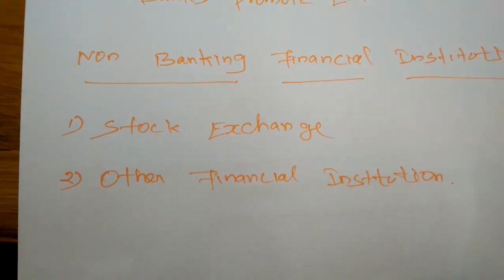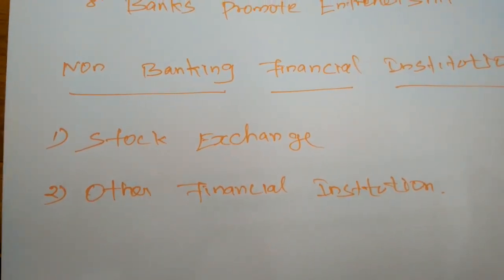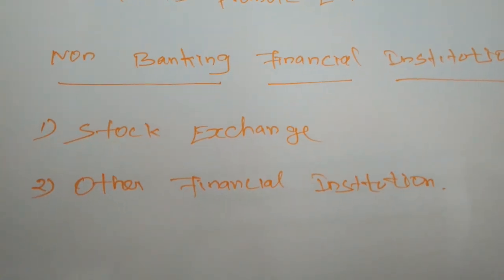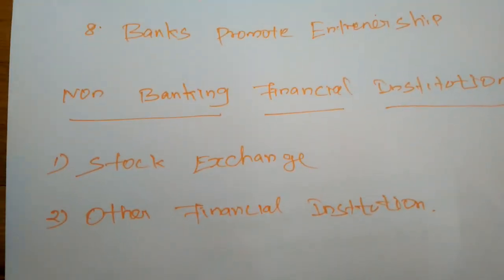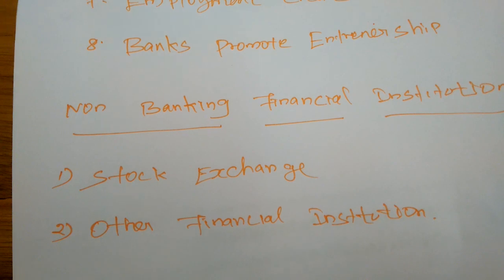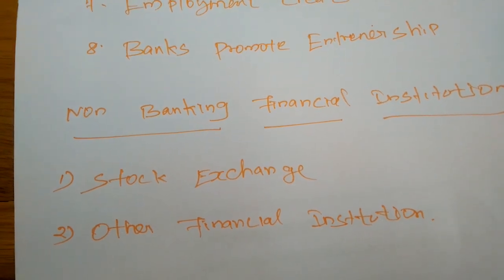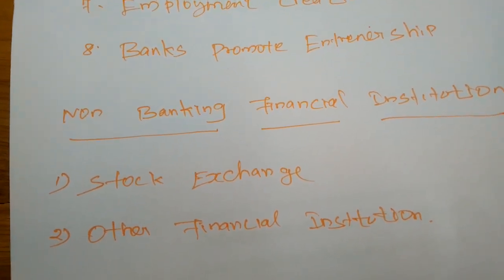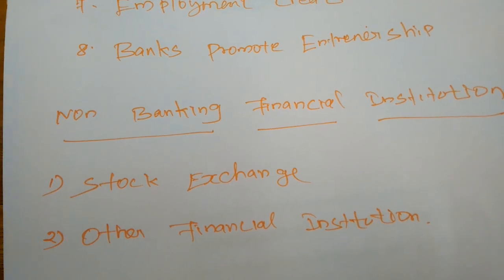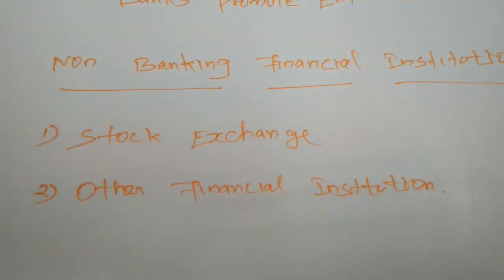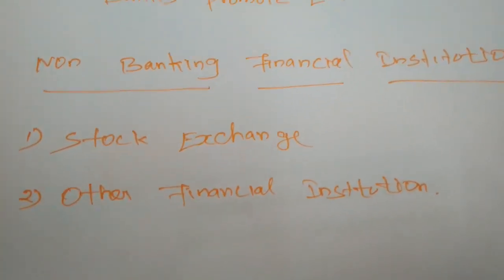It does not have a full banking license. For example, stock exchange or other financial institutions like LIC, the unit mutual funds and the GIC, and in our nation more financial institutions are there.